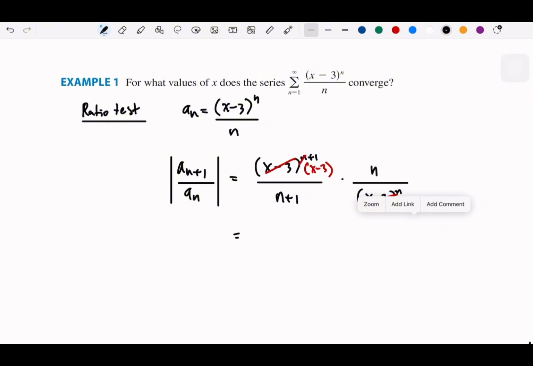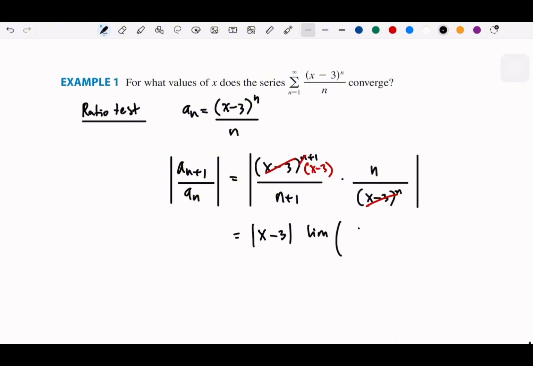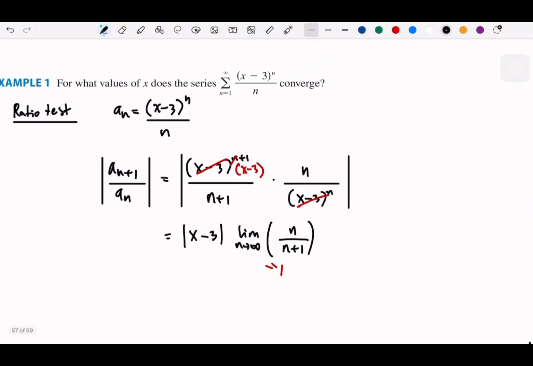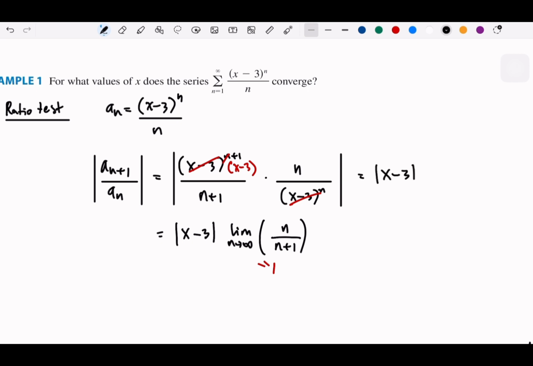I haven't written the limit, so I will write it now. This is supposed to have absolute value: absolute value of x minus 3 and the limit of n over n plus 1. We know that the limit will be 1. So the result is x minus 3 in absolute value.